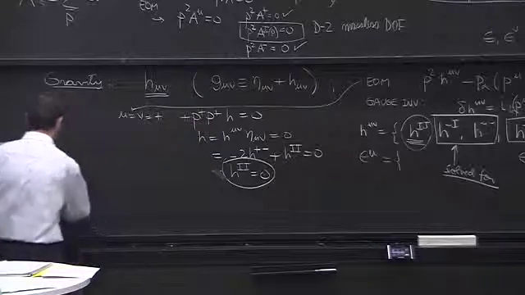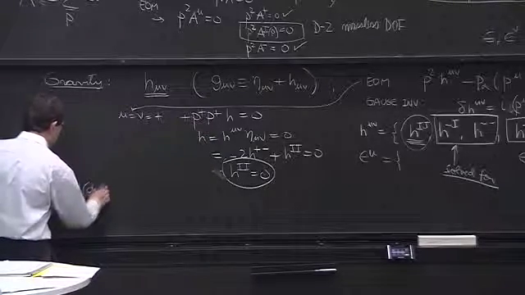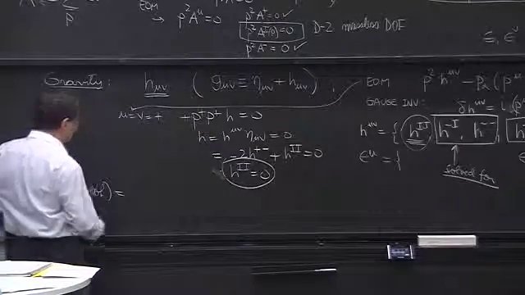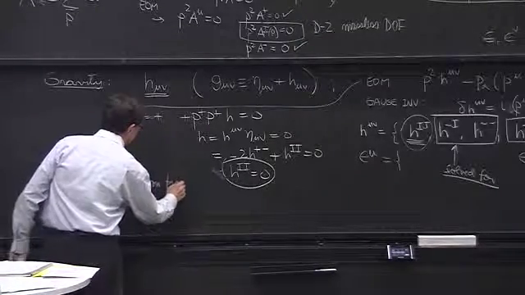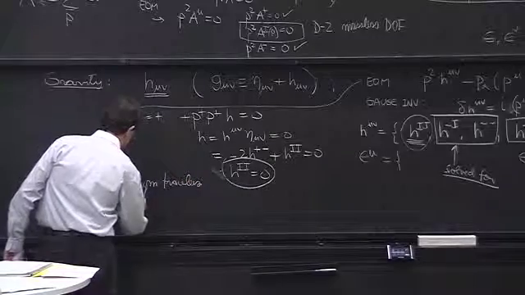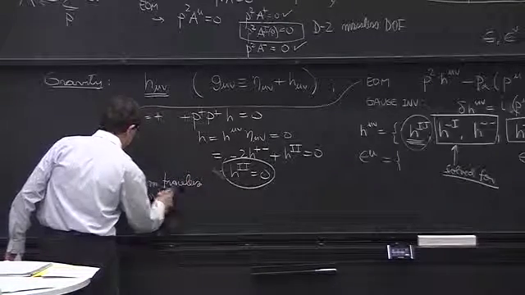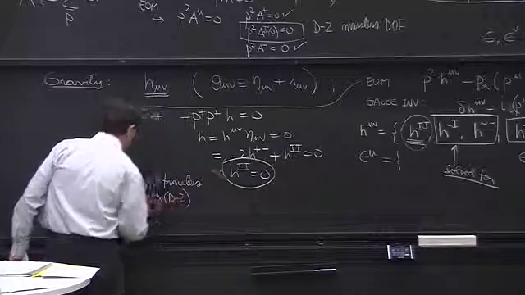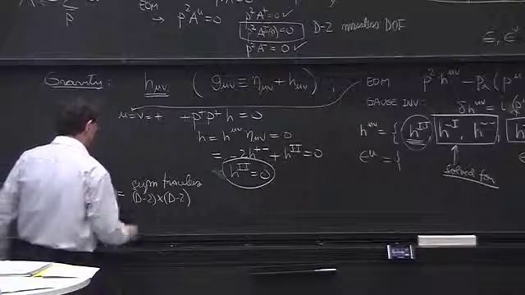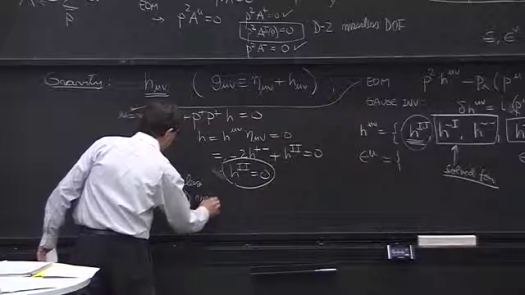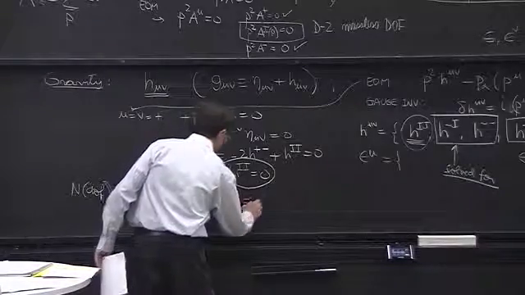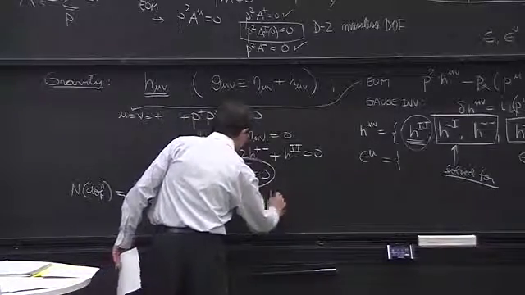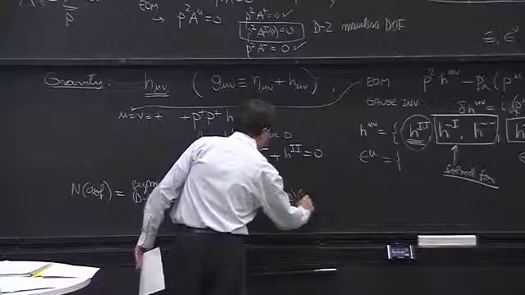So the number of degrees of freedom is that of a symmetric, traceless, d minus 2 times d minus 2 matrix. So how much is that? Well, this is 1/2 d minus 2 times d minus 1.